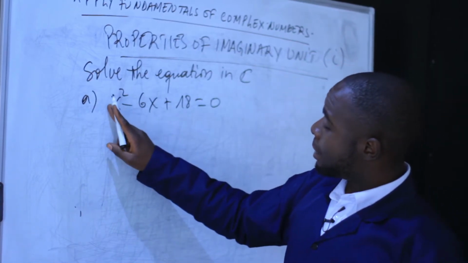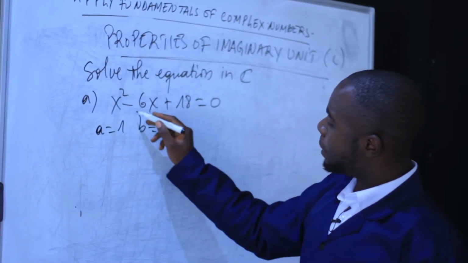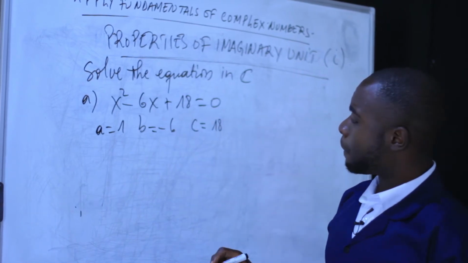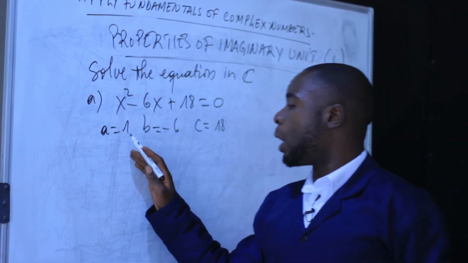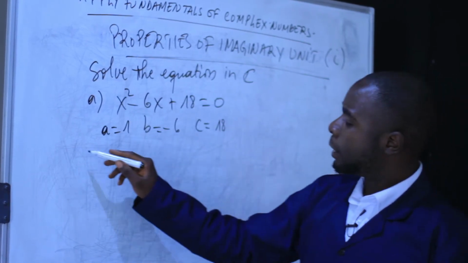Here a is the number before x square. a is 1, b is negative 6, and c is equal to 18.